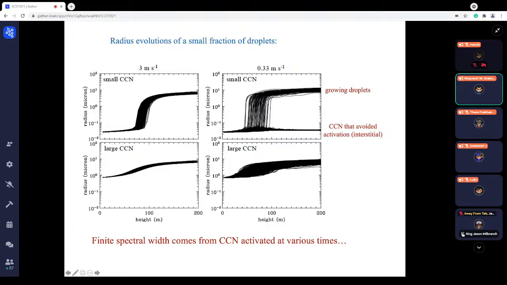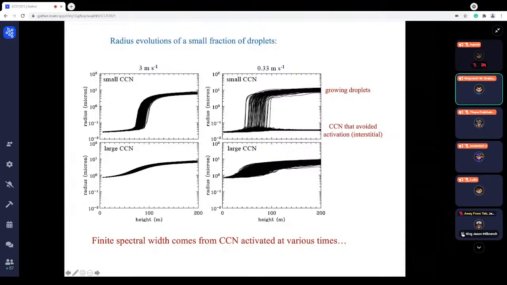This is reduced, so they activate, and then droplets grow. But many of them just don't activate. They are lucky or unlucky particles, CCN if you like, that avoid activation. So you get growing droplets, or you get CCN that avoided activation.